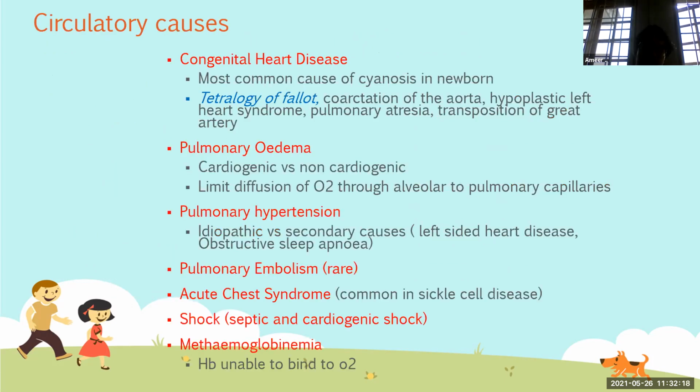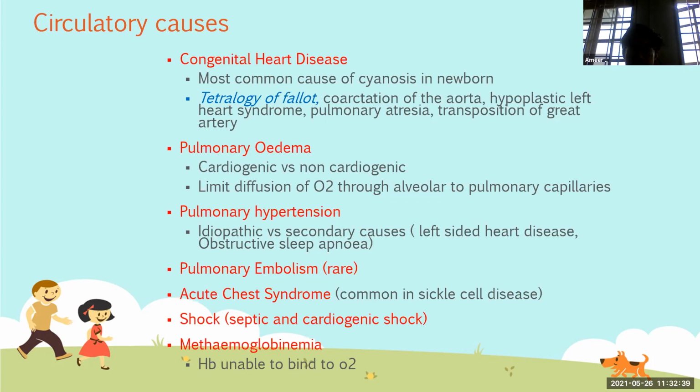Okay, the second system that can cause cyanosis is the circulatory causes of the cardiovascular system. The most common cause of cyanosis in the cardiovascular system is tetralogy of Fallot.